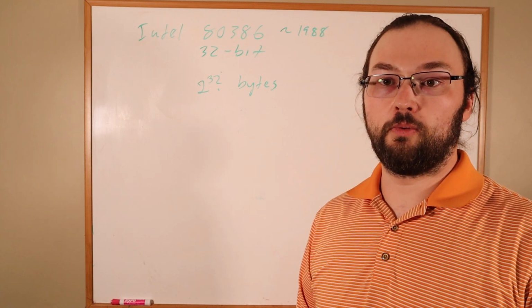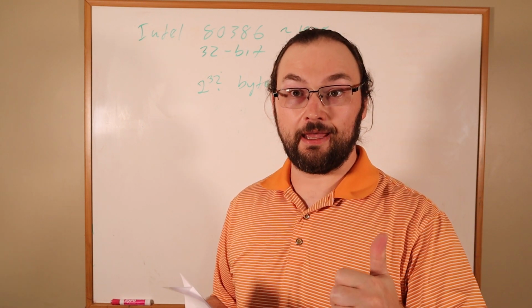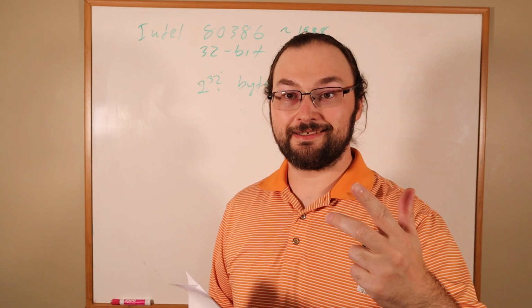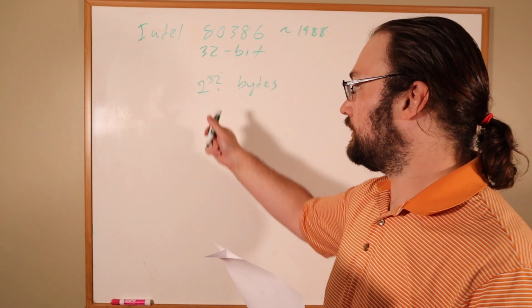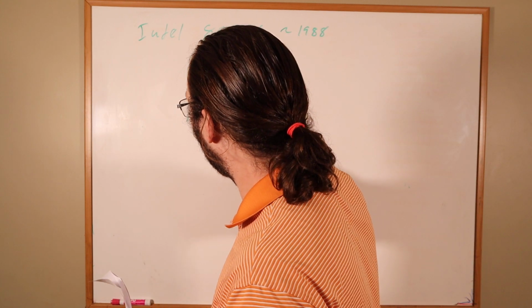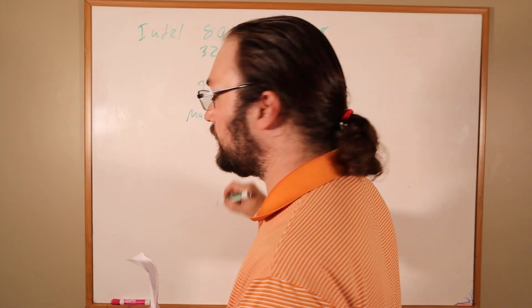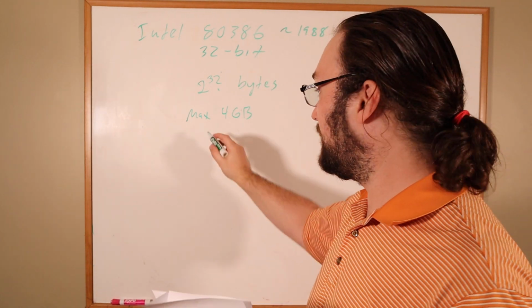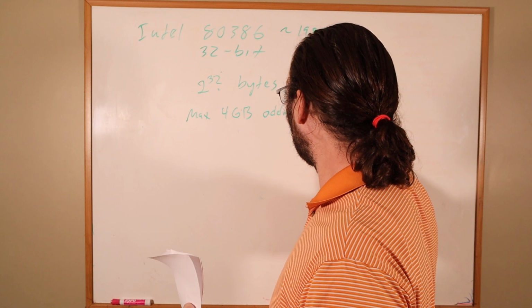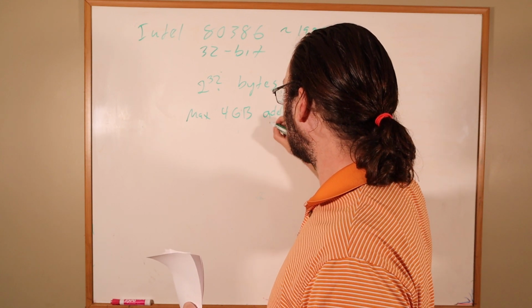And 2 to the 32, well, 2 to the 10 was K, 2 to the 20 was meg, so 2 to the 30 is gig. We have 2 left over. 2 to the 2 is 4. So we know we have a maximum of 4 gigabytes of address space.